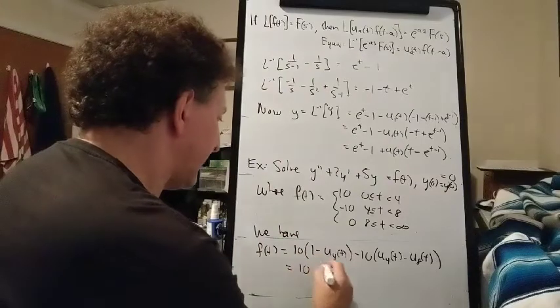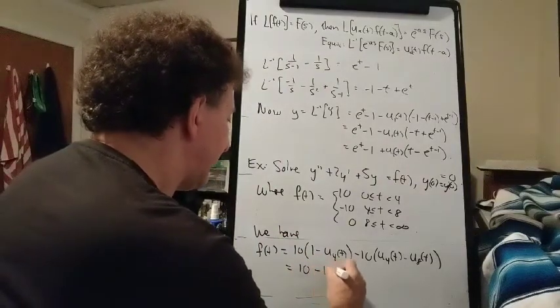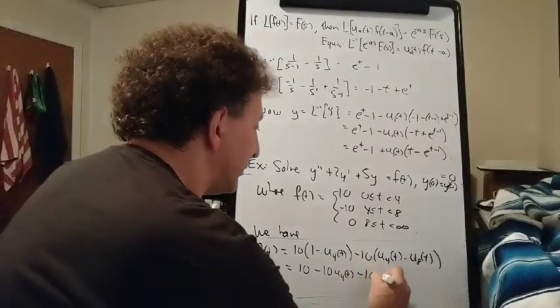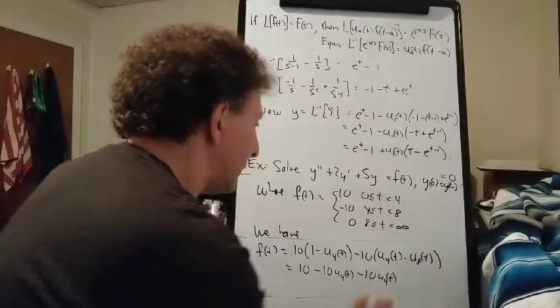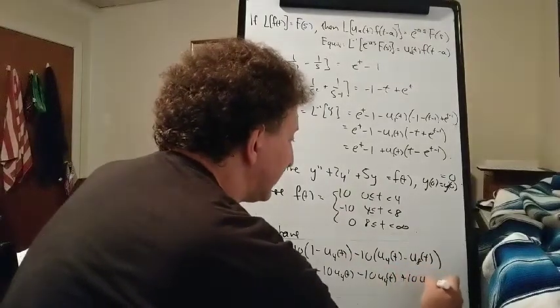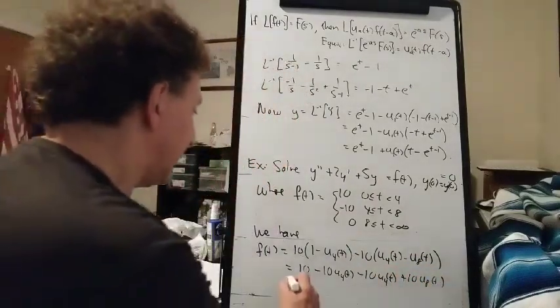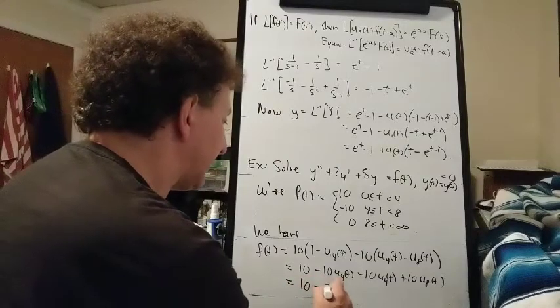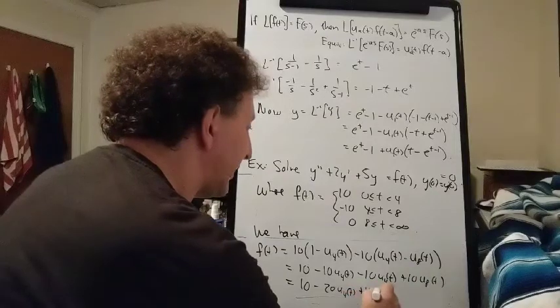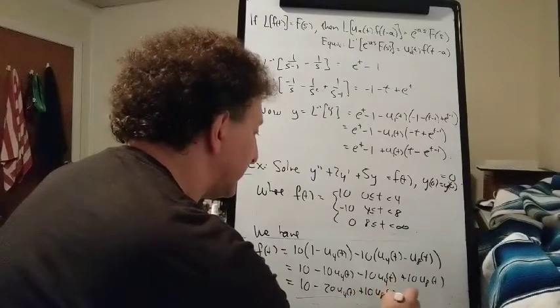So this is 10 minus 10u4 minus 10u4, and then plus 10u8. So that's 10 minus 20 u4 of t plus 10 u8 of t.